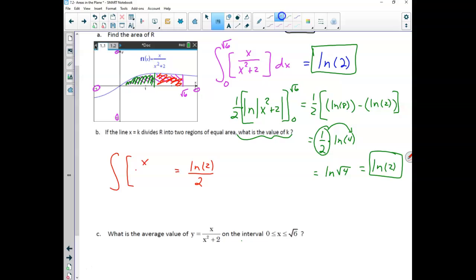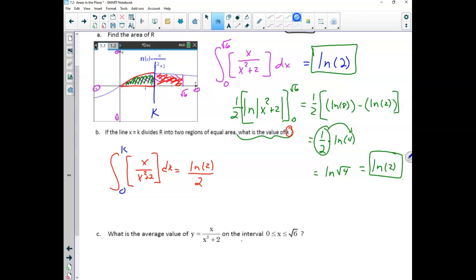My function is x over x squared plus 2, and it's going to be a dx. But where am I starting from to get all this green area? What is my integral going to be there from where to k? So I'm going to say I'm going from 0 to k. What is k that is going to divide that area in half?